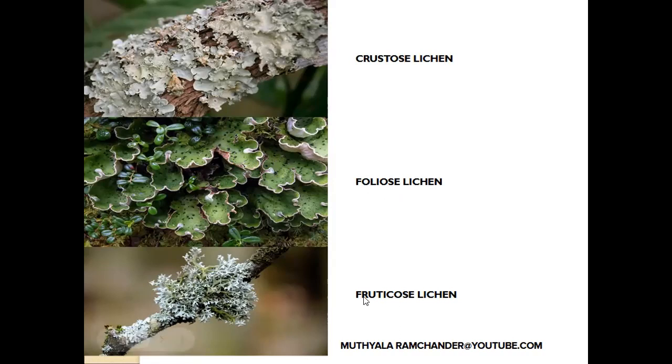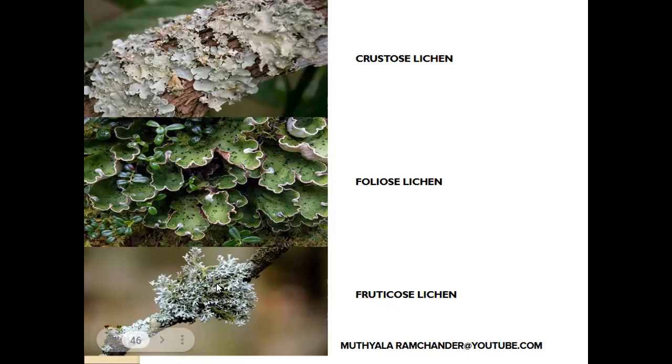The third one is fruticose lichens. Fruticose lichens means aerial branches are present in the formation of the lichen. In crustose lichens, a crust-like structure is present; in foliose lichens, a leaf-like arrangement; but in fruticose lichens, aerial stalk-like, branch-like structures are present.